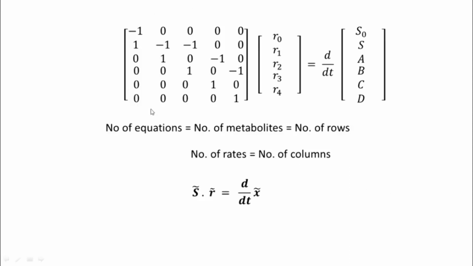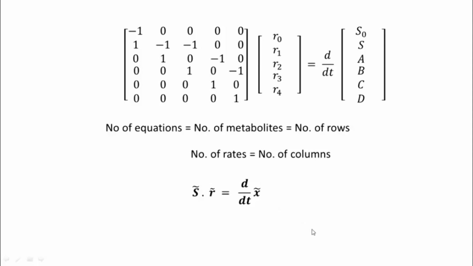So this is what is called a stoichiometric matrix, S with a hat above, multiplied with the rate vector or the rate matrix R is d/dt of the state variable matrix, as it is called, x hat. Okay. So this is a compact representation of the entire set of equations, and this kind of a representation becomes much easier even if you have hundreds or thousands of equations.